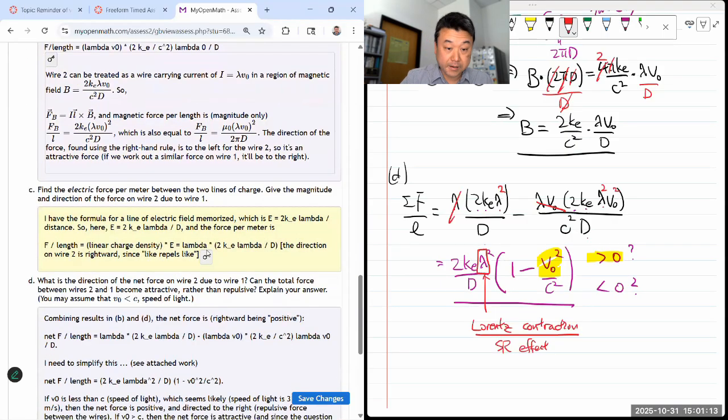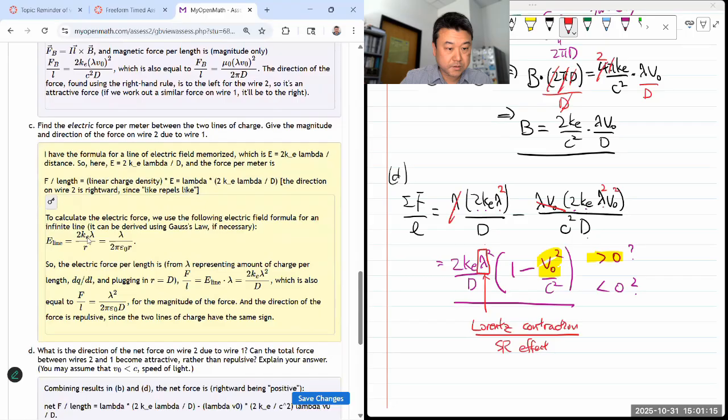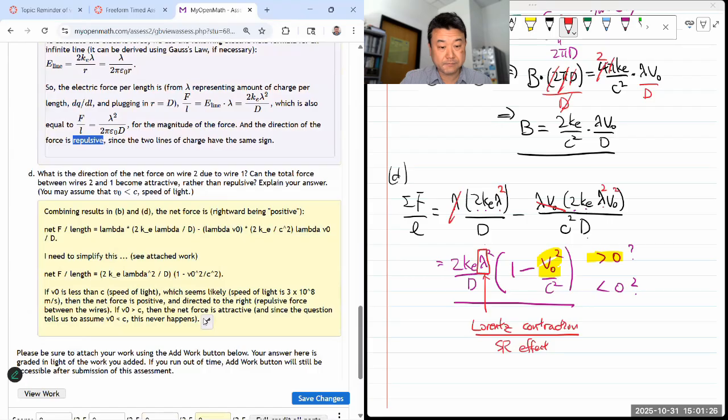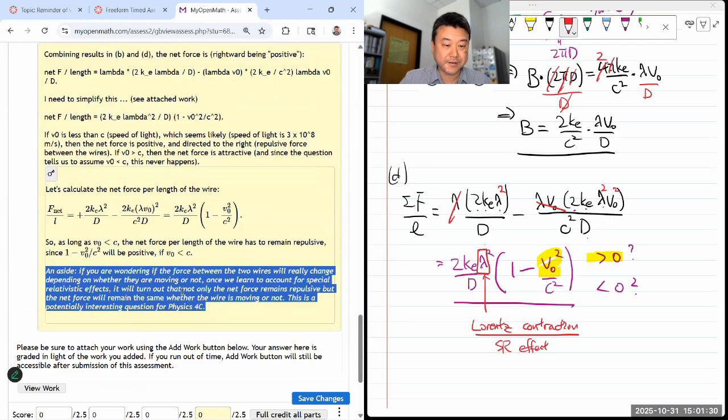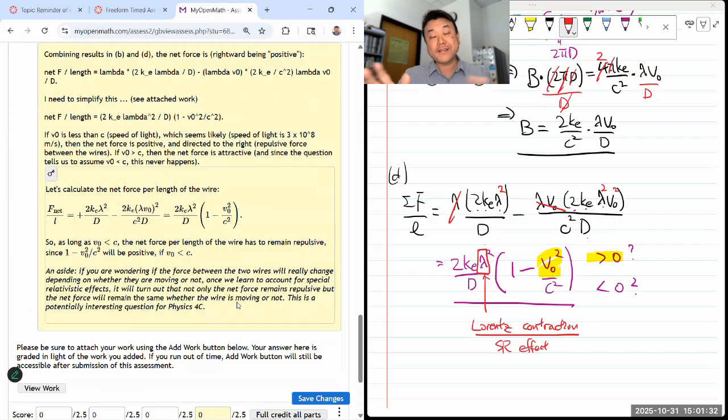Electric force, you use the formula for the electric field times the charge density, and you get that, and it's repulsive. And part D, calculate the net force, and yeah, that's the aside. Okay, I swear I didn't look at the answer keys. The question is actually written in order to demonstrate this. That's sort of the hidden main point of the question.